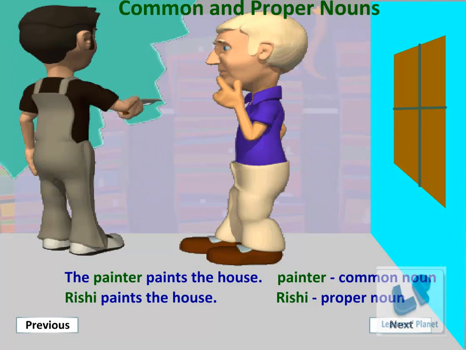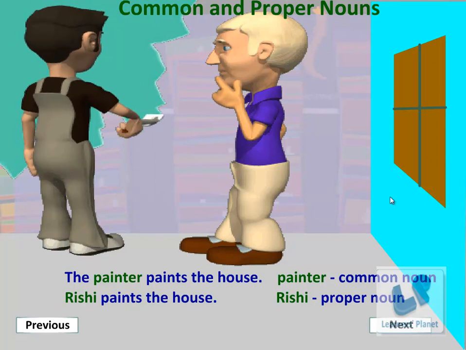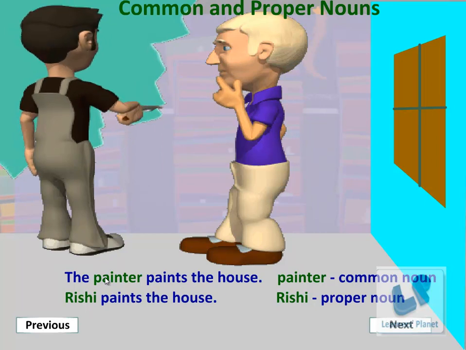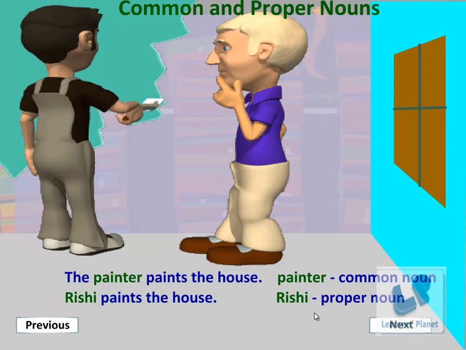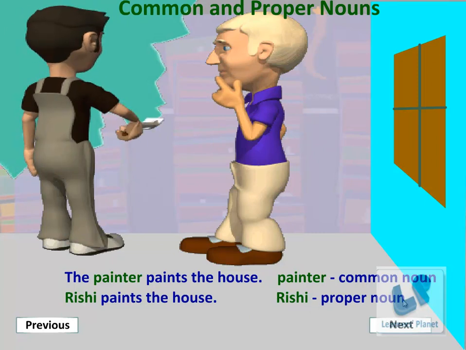Now we'll go through certain examples on the usage of common and proper nouns in sentences. First one. The painter paints the house. Rishi paints the house. Now over here in the first sentence, painter is a common noun, whereas Rishi is the name of a person. That's why it's a proper noun.